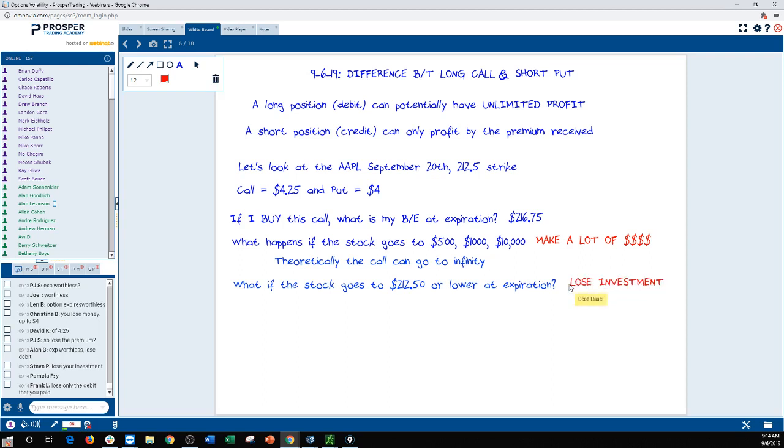It's the most I could ever lose there. Okay? So kind of backtracking now, Randy, the long call side of things, you essentially, theoretically, have unlimited upside potential, and you can only lose what you paid for your long call. Okay, everybody got that? Everybody understand that before we move over to the put side of the ledger?